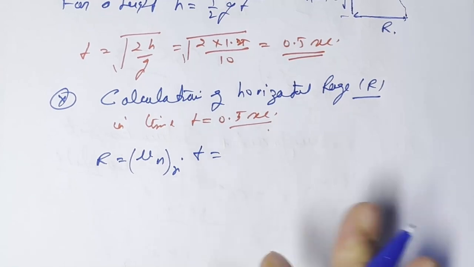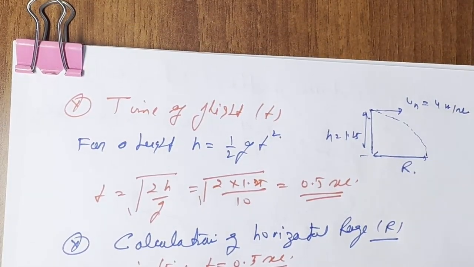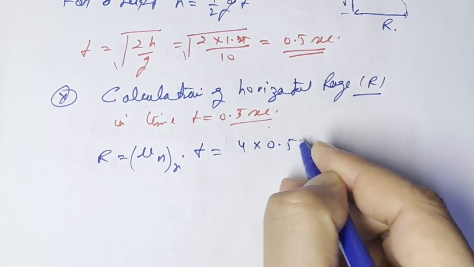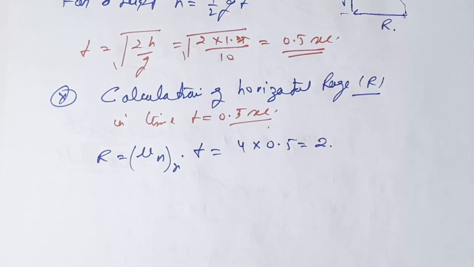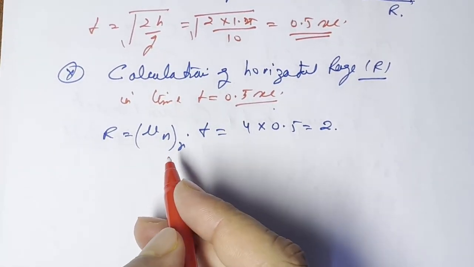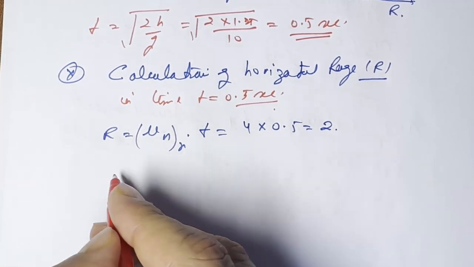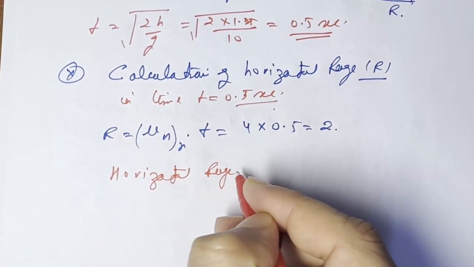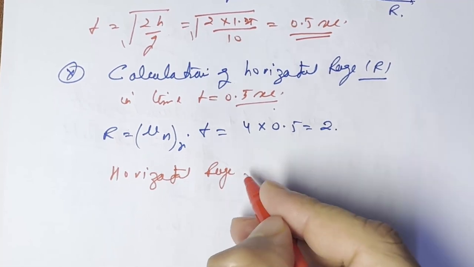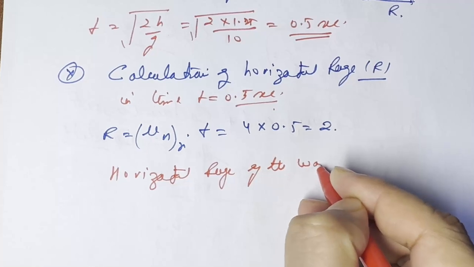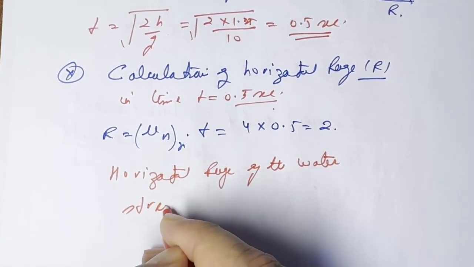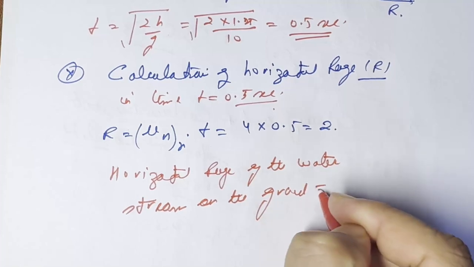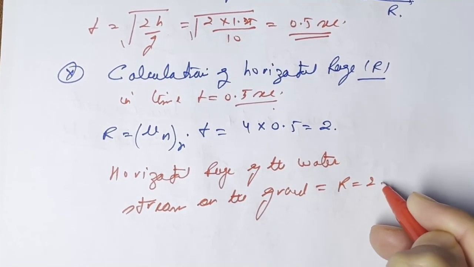We already know the velocity in the x direction is 4. So R equals 4 multiplied by 0.5, which comes as 2. Therefore the horizontal range of the water stream on the ground is R equal to 2 meters.